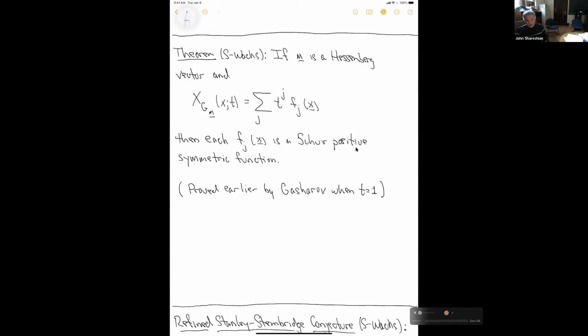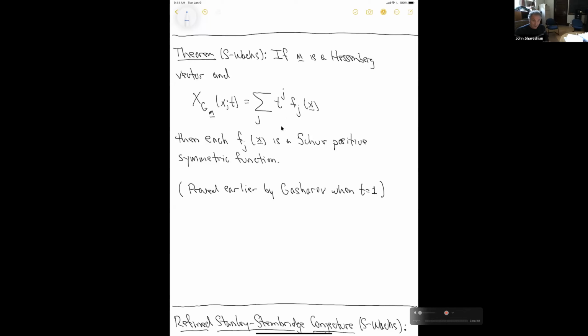The interesting part, I think, in fact, is that it's symmetric. The fact that it's Schur positive is not surprising, because in fact it was known that symmetric functions of Hessenberg graphs were Schur positive. When t is 1, this is just Stanley's symmetric function, and Gasharov had proved shortly after Stanley introduced these symmetric functions that these things were Schur positive when t is 1. So that's maybe not the surprising part.